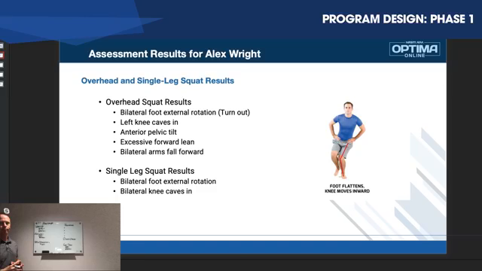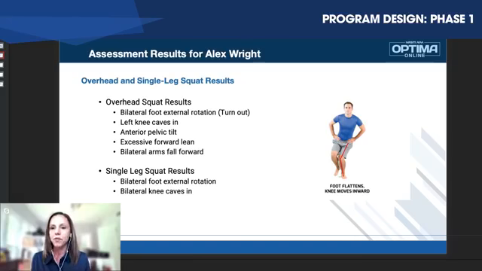Because he did have foot external rotation, the calves are going to be overactive. And because it was on both sides, that would be an area we would want to focus on for sure.